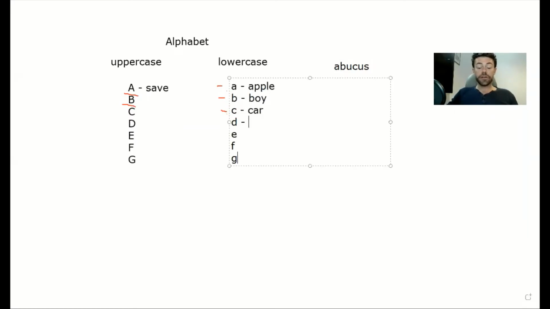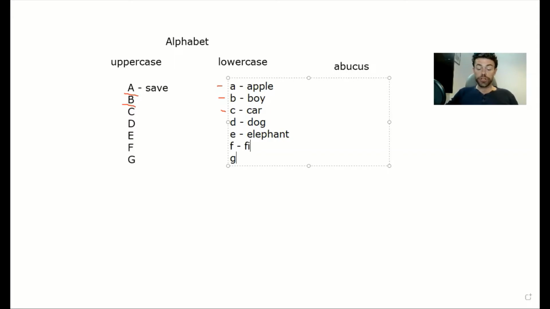So here we have the word dog. So here the letter D for dog. Now here, if we have the word elephant, here we have the letter E. Right? Moving on.